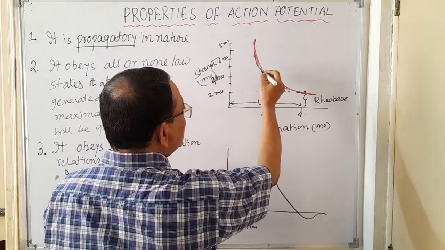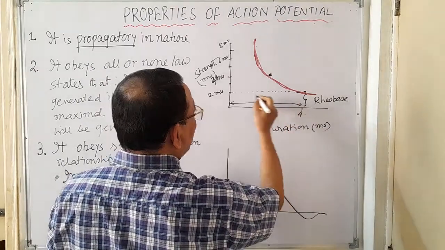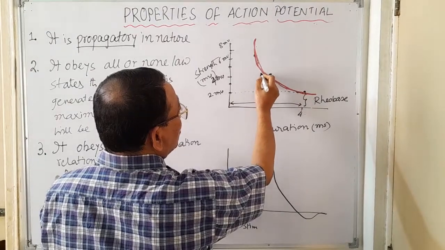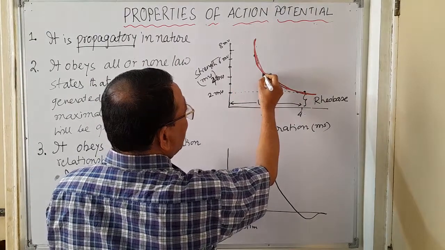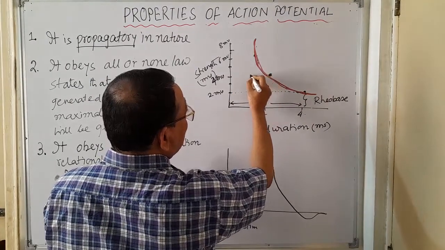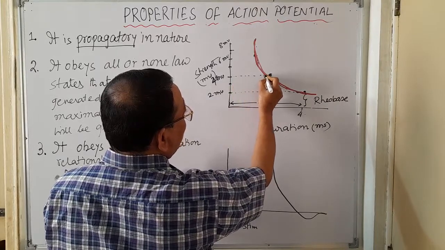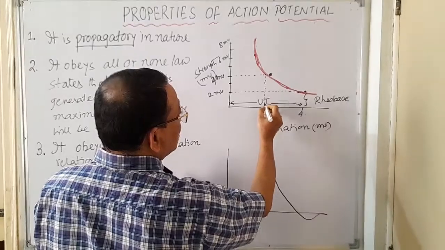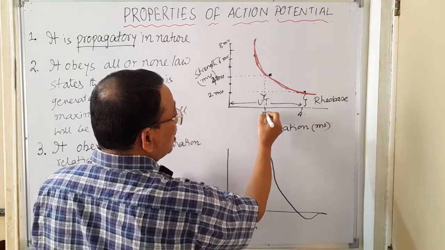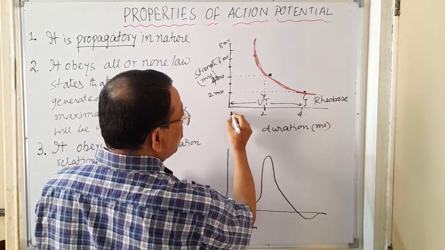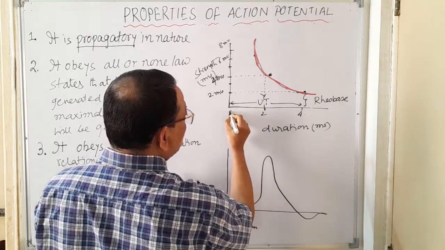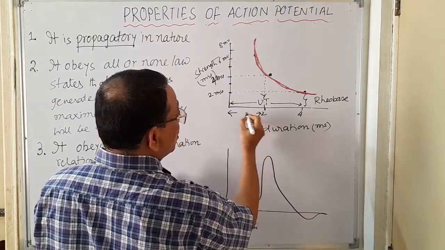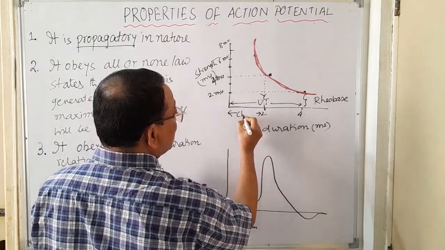Now if we apply the voltage that is twice of the Rheobase, suppose the Rheobase voltage is 2, so twice Rheobase means 4 millivolt. So if we apply 4 millivolt of the current, then the duration requirement is this 2. So this duration is known as the chronaxy.